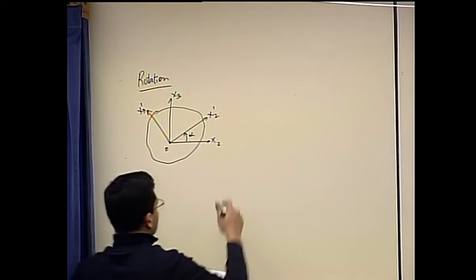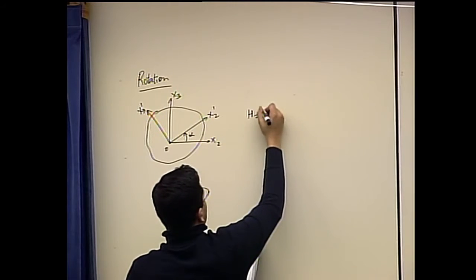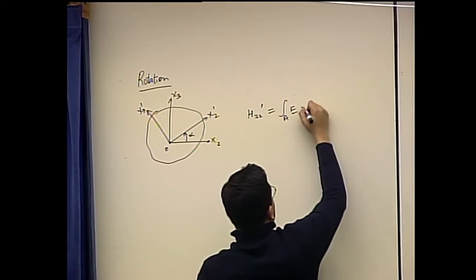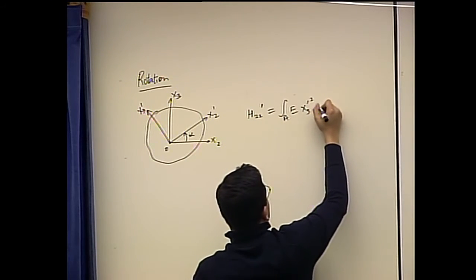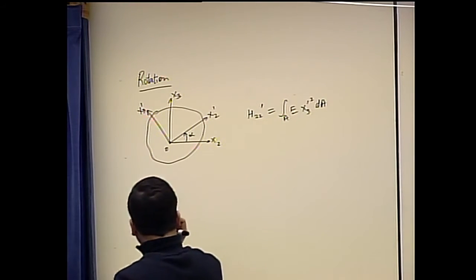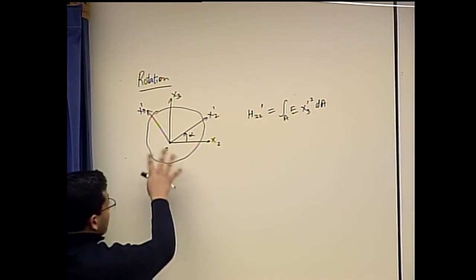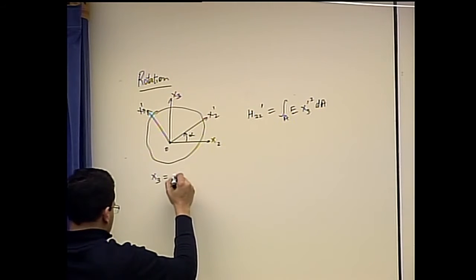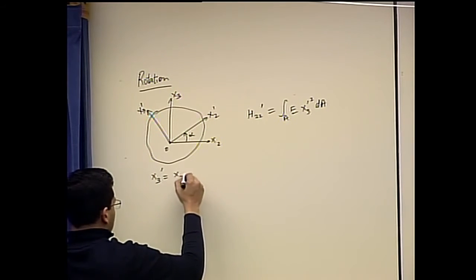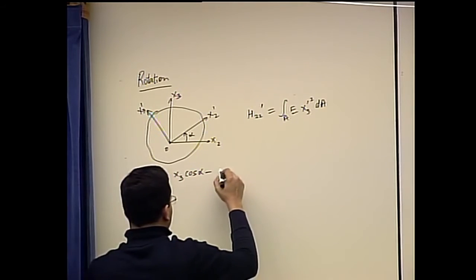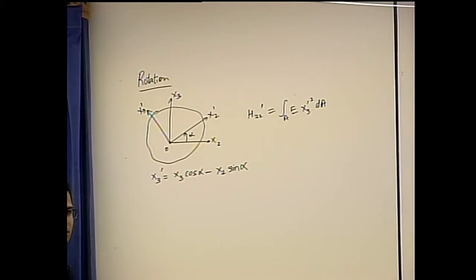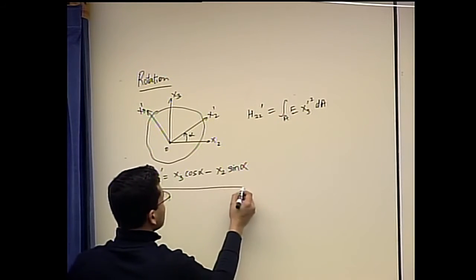Okay, so I had h22 star or prime is equal to integration over the area E x3 prime square dA. Now after rotation of coordinate frame in this case, my x3 prime becomes x3 times cosine of alpha minus x2 sine of alpha. So I'll substitute this expression.